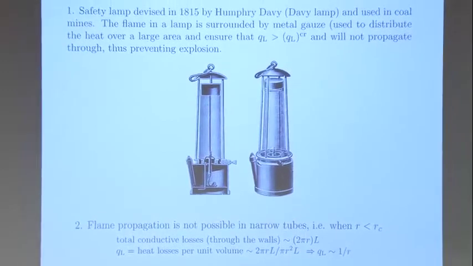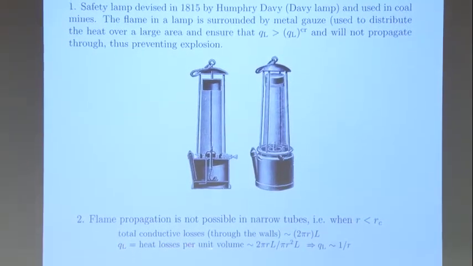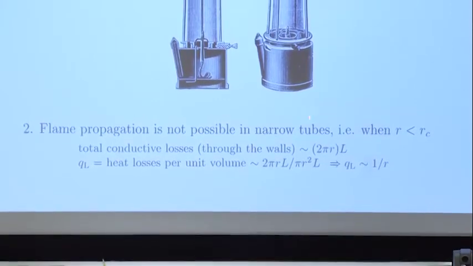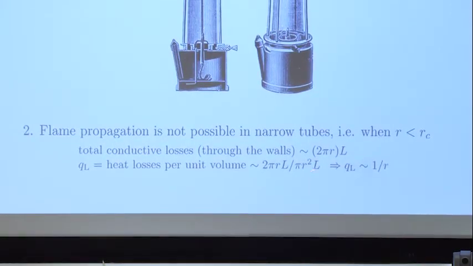And when you present QL per unit volume, which was in the equation, then you divide by, I'm sorry, I said it wrong. The volume is pi r squared times L, but the circumference is where the losses are, it's the walls where the losses come from.